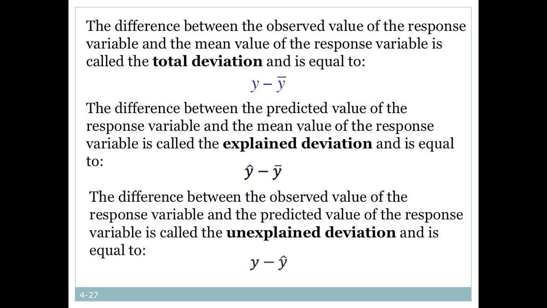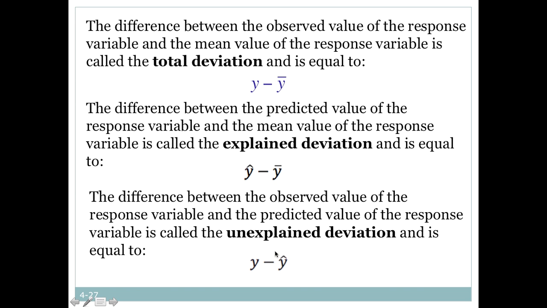Explained deviation is just the difference between our predicted value, our y hat, and the mean value of the response variable, y bar. Hopefully you remember the little hat on top tells us that it's a predicted value. That's the deviation that can actually be explained.